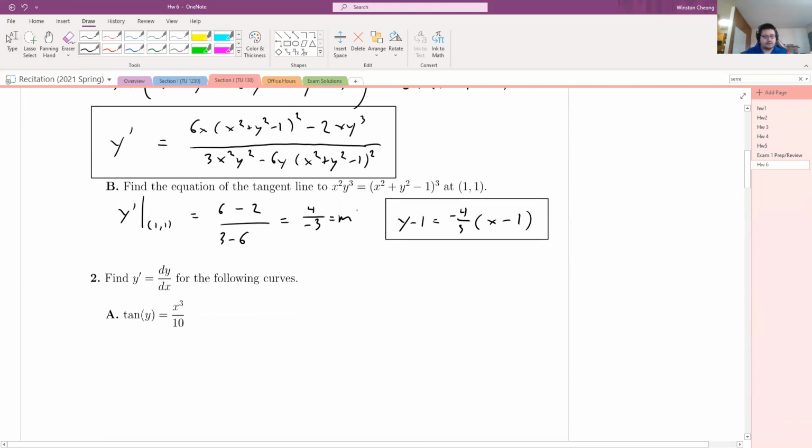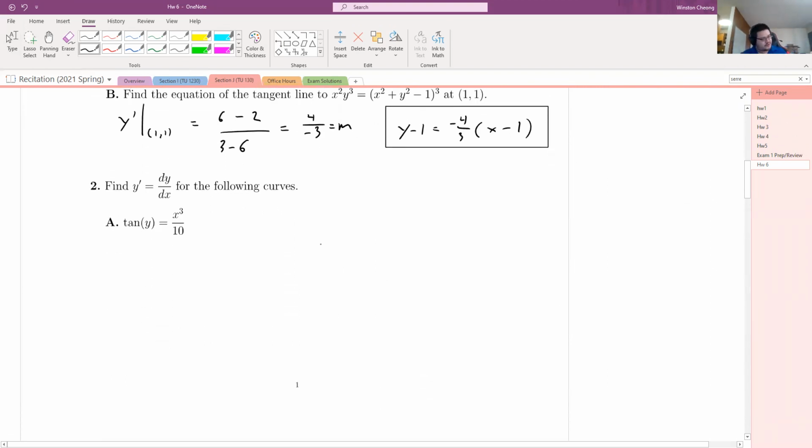Now for number 2, there's 4 parts, and each of them is just practicing implicit differentiation, practicing this process, and they're not too bad. So yeah, we'll just go through it. So for 2a, tangent, you should remember that its derivative is secant squared.